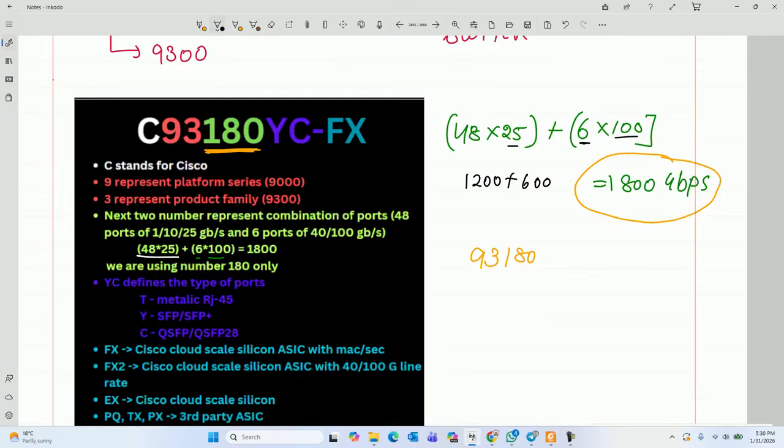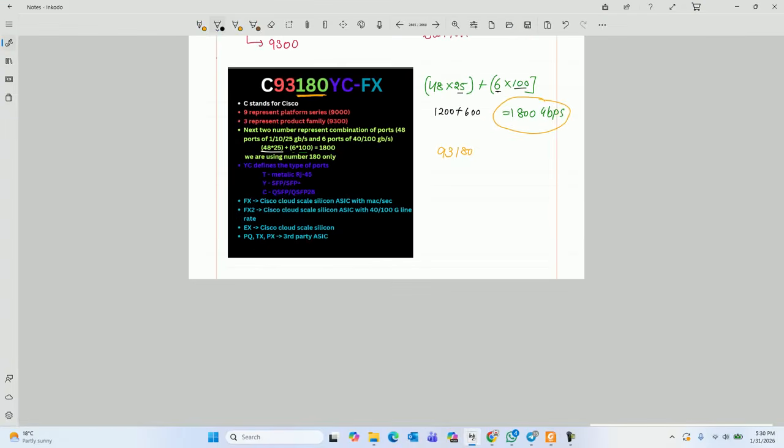Do you understand the difference between uplinks and downlinks?